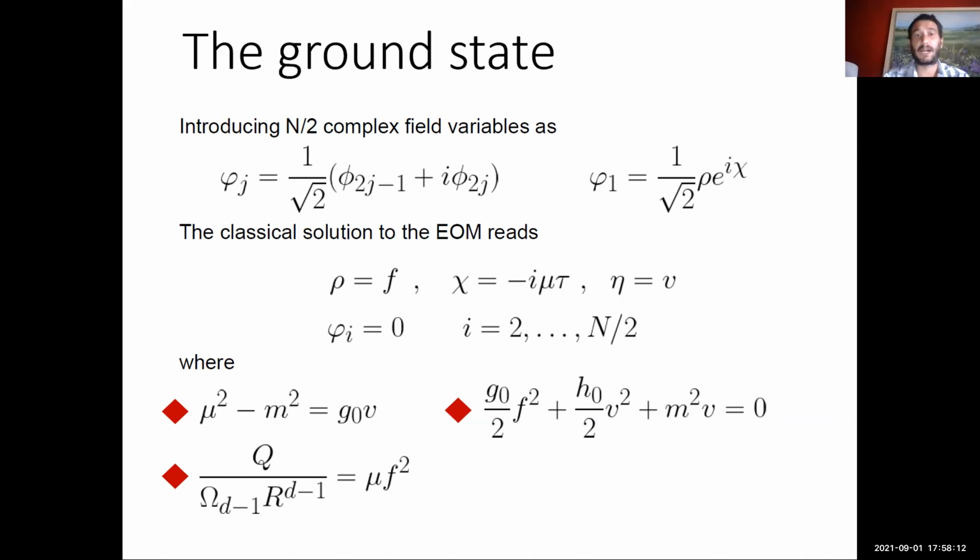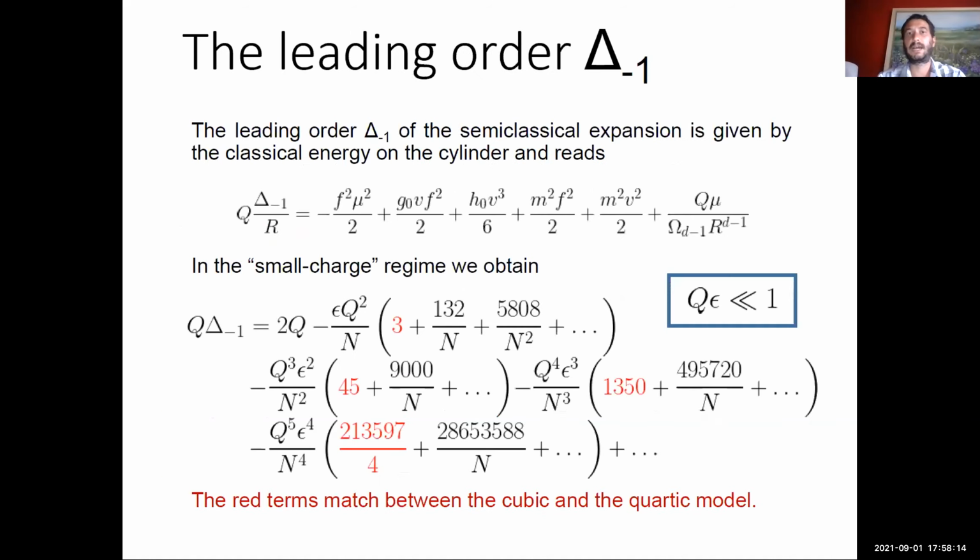In terms of these parameters, we can then compute the ground state energy, which gives the leading order of our expansion, as shown in the slide. So it depends on these three parameters, which are determined by the equations of motion. And the equations of motion at this point can be solved numerically or analytically in certain limits.